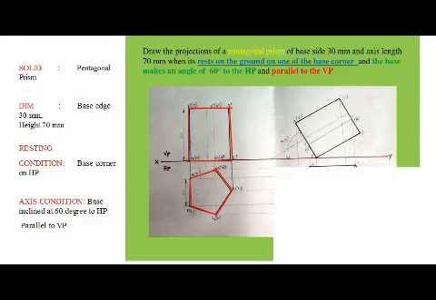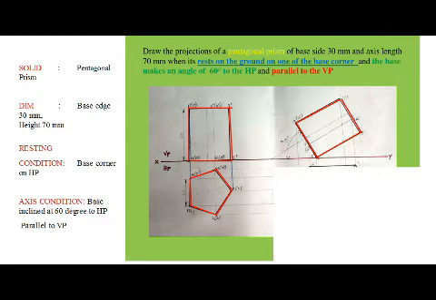So this is the base which will make an angle of 60 degrees. Rotate the first stage front view without changing the dimension. Make sure that this base makes an angle of 60 degrees.